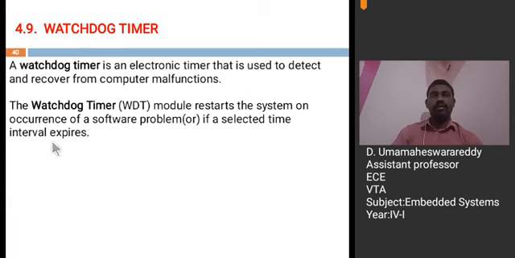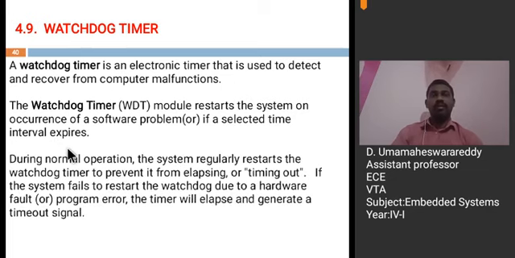That means during normal operation, the system regularly restarts the watchdog timer to prevent it from elapsing or timing out. That means when the CPU does not have any problem, then it will restart the watchdog timer within a specific time.